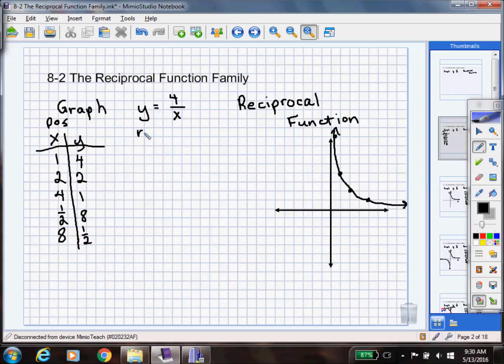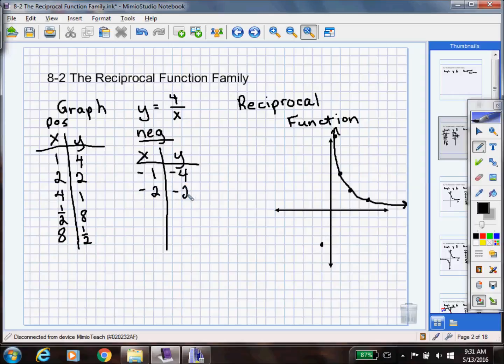Then you also need to take a look at the negative side of the graph. So you begin to plug in the negatives that go right with the positives. -1, 4 divided by -1 is -4. And you go ahead and graph that one. -2 gives us -2.